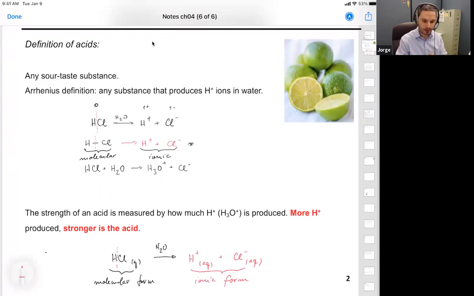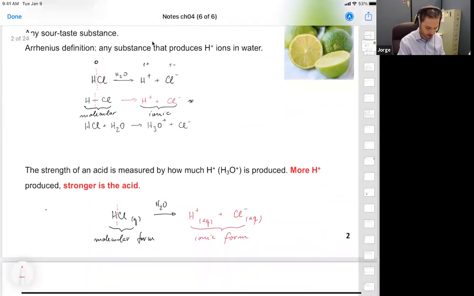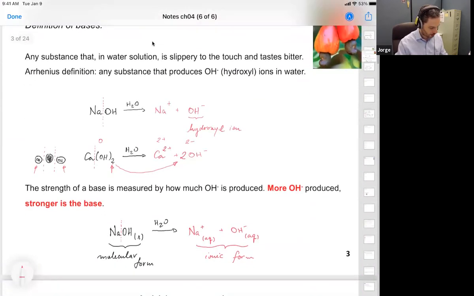Okay, so remember that any acid in water is going to release H plus ions and generate an anion which is composed of whatever was left in the formula. Okay, so let me go back to the definition of bases, and I can give you time to take notes.